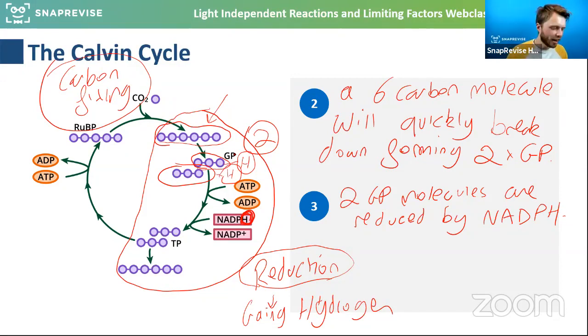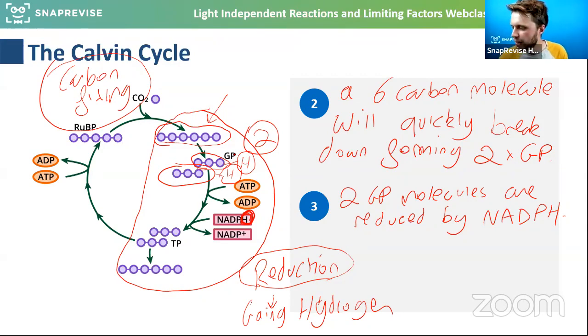It's reduced if you add hydrogen to it. If you add a phosphate from ATP, does anyone know what that's called? Lots of you are asking questions, so hang on, I'll go back and answer them in 1 second. Yes, it does move by diffusion. That's a nice quick one. What's it called if you add ATP to something? Lovely, lots of you are saying it.